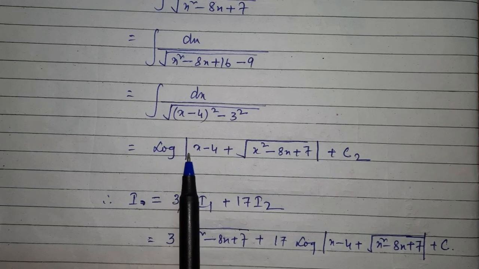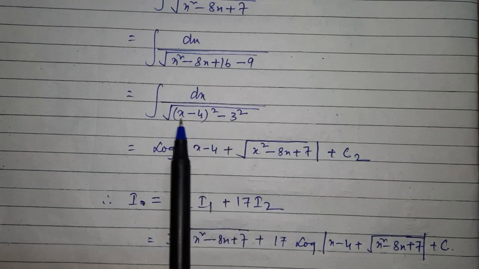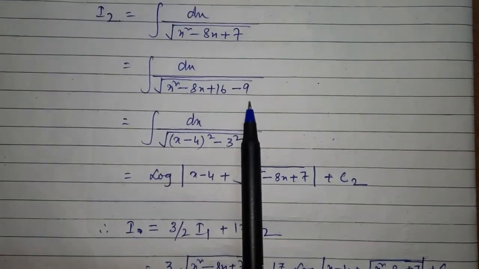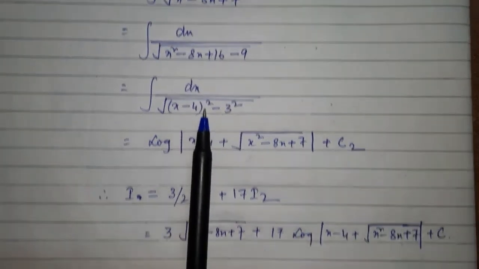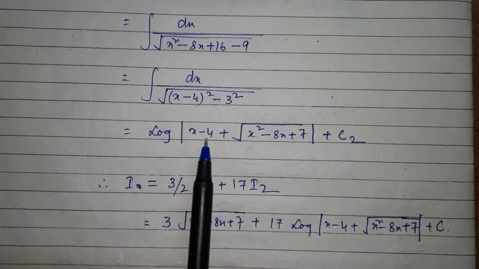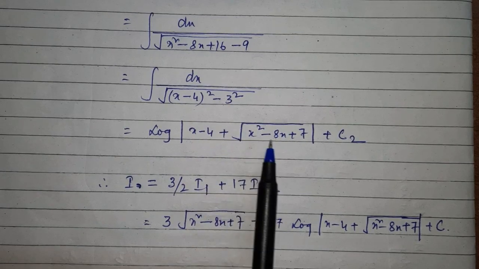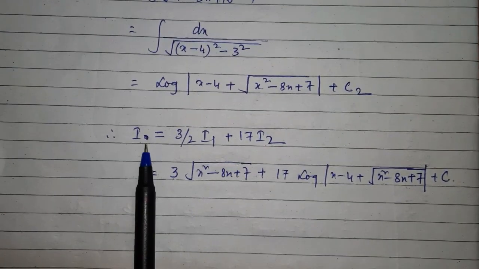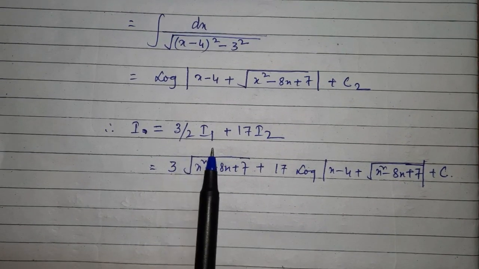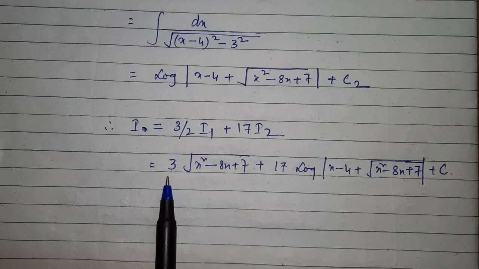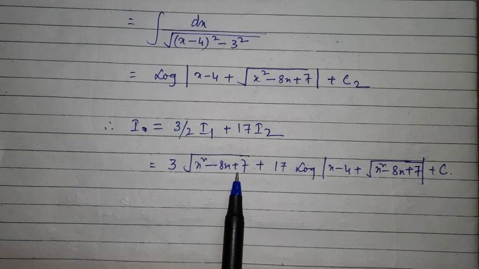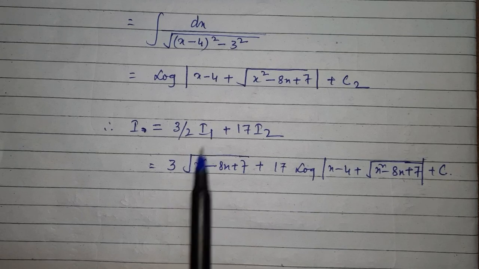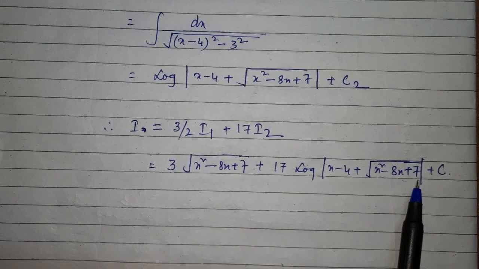So we can write log mod x minus 4 plus root over of x square minus 8x plus 7 plus c2. And we know that I equals 3 by 2 into I1 plus 17 I2. We already found I1 and I2, so after putting the values, we get this integration.